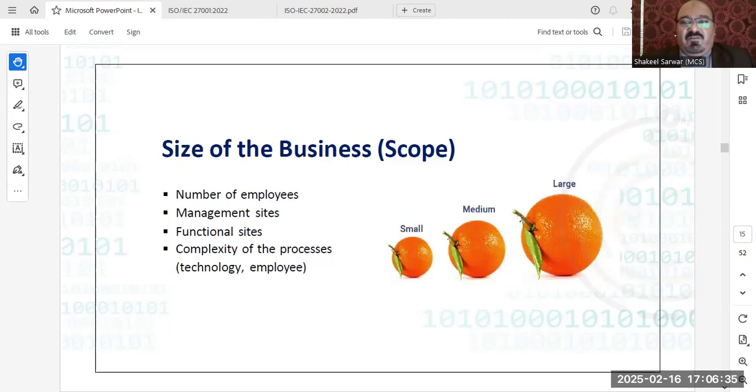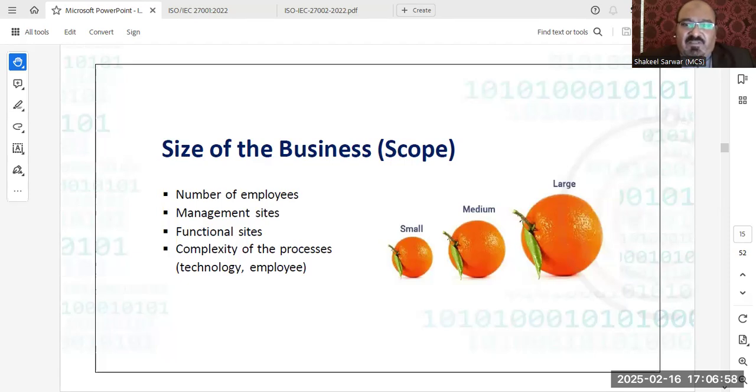It is an entirely different story altogether. So establishing the context and getting to know the size of the business, where exactly that implementation is required or the audit is required to be conducted, then accordingly you have to establish the efforts involved, the people you need to conduct that exercise.